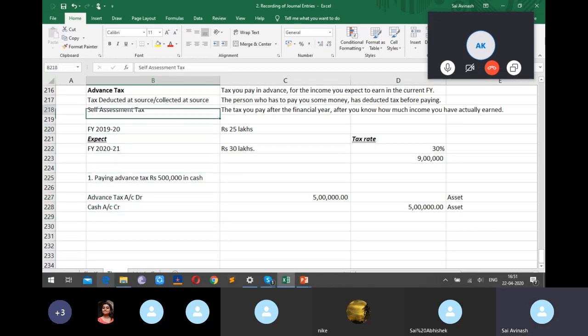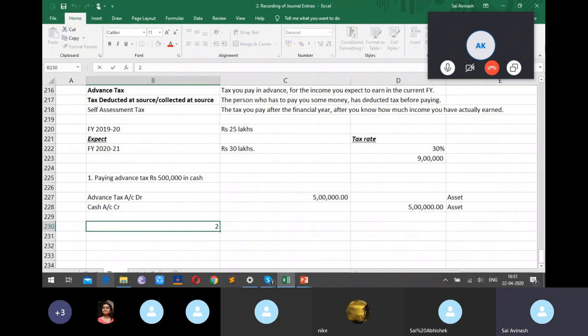Second, we learn what tax deducted at source is. Let's say that you have received a service from somebody, some sort of technical service.